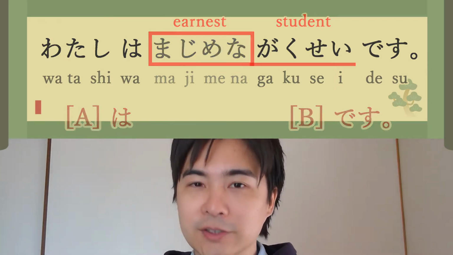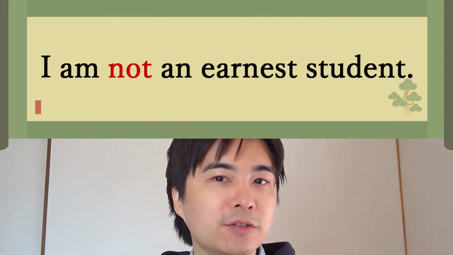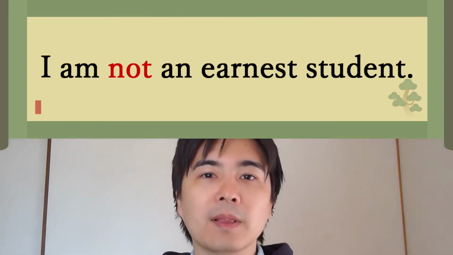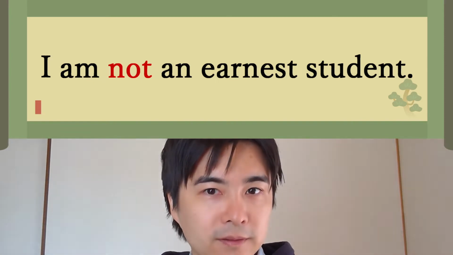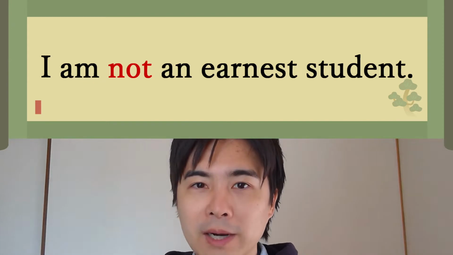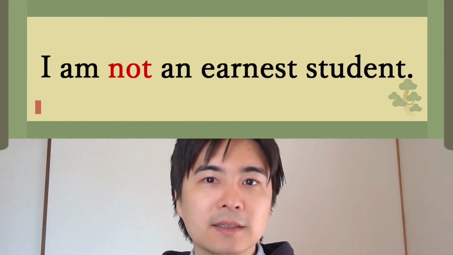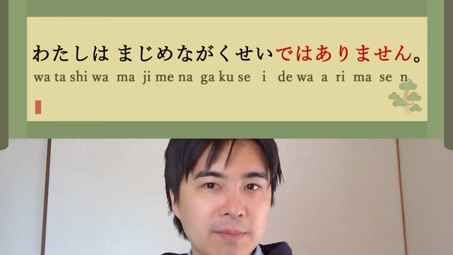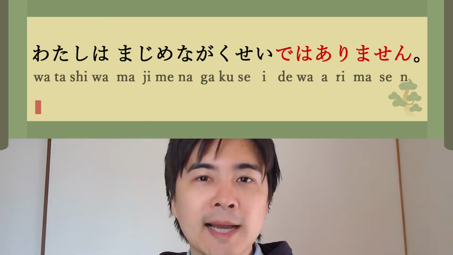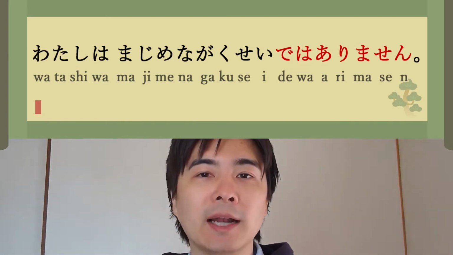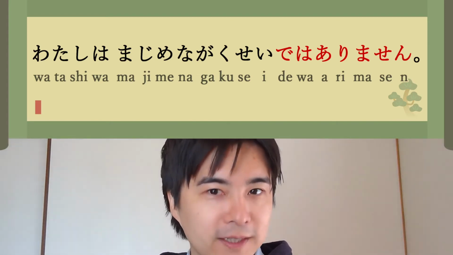So let me ask another question. How do you say I am not an earnest student in Japanese? If you want to think for a while, please just stop this video. And the answer is 私は真面目な学生ではありません。Did you remember what we have learned already?